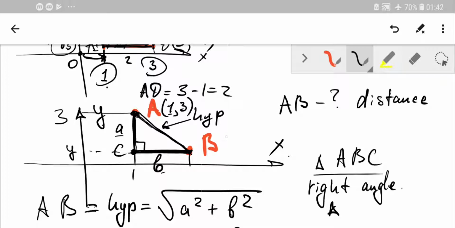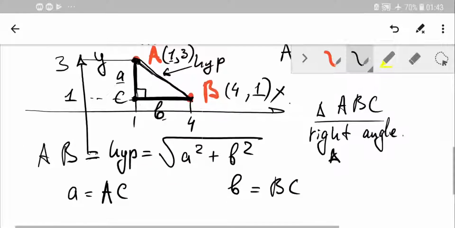And here we need coordinates for B. So let's say this level for y is 1 and 4 units for x. So that's why this level becomes level 1, okay?